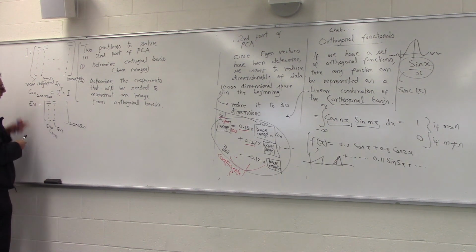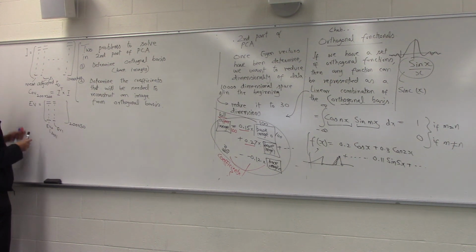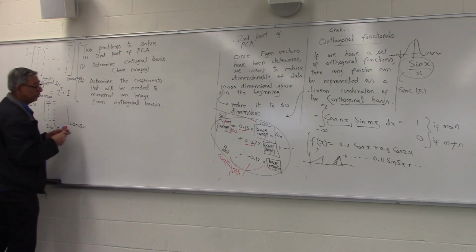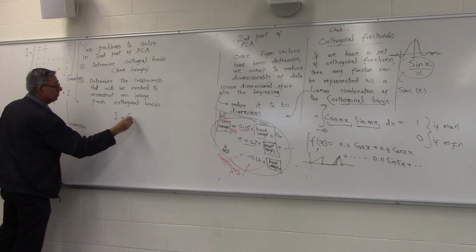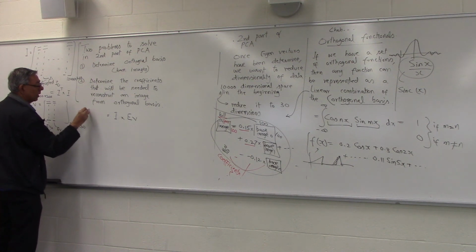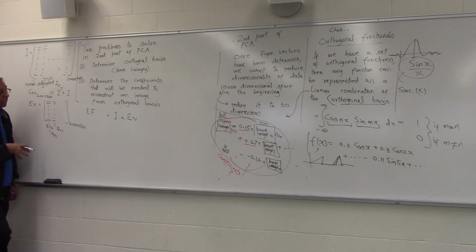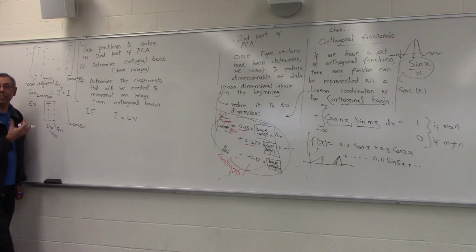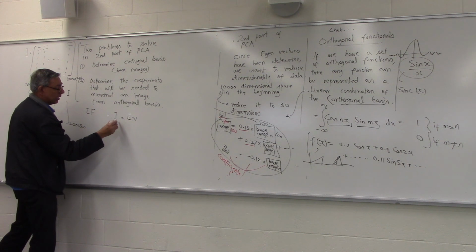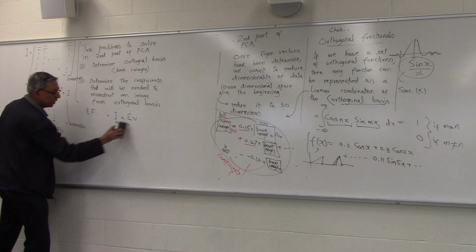Okay, so if you easily take a look over here, this is 10,000 by 200, this is 200 by 30. So take a look over here, what will happen if I multiply the I with EV? Suppose I call it EF. And why EF, I will give you the reason in a second. We can call it anything, but for our understanding, EV, because this is eigenvector. I is the original set of images, so this is 10,000 by 200.